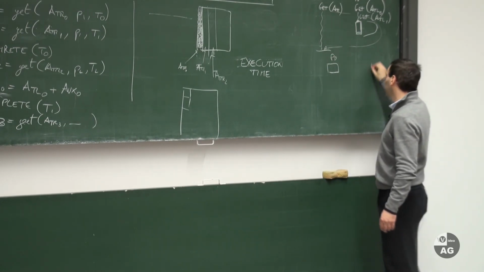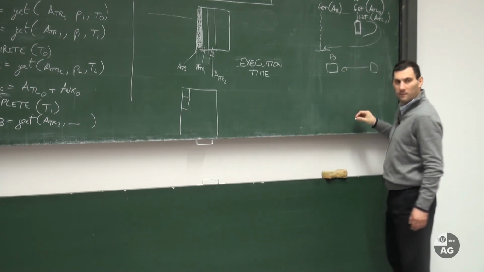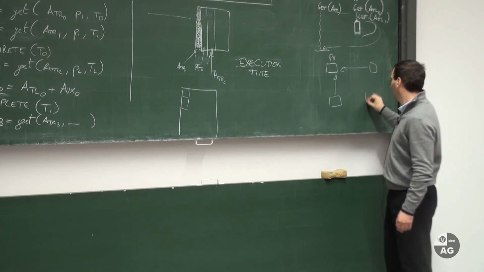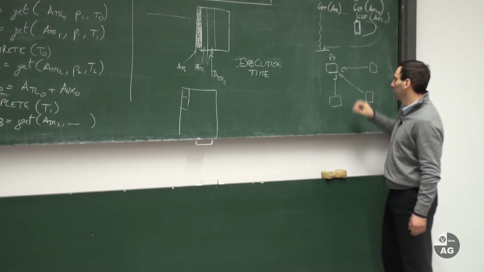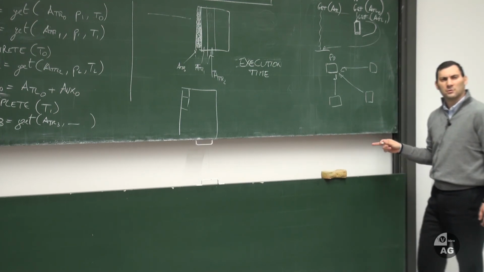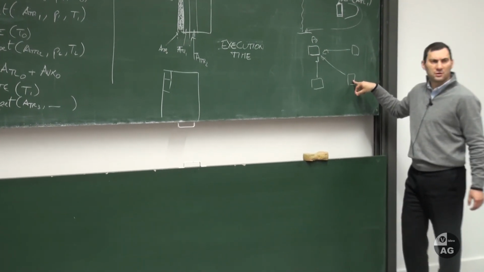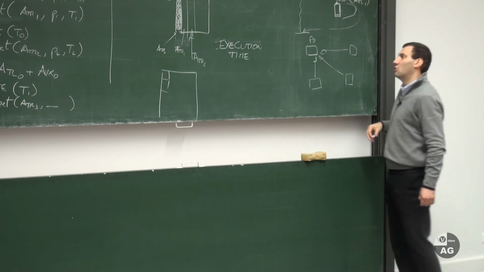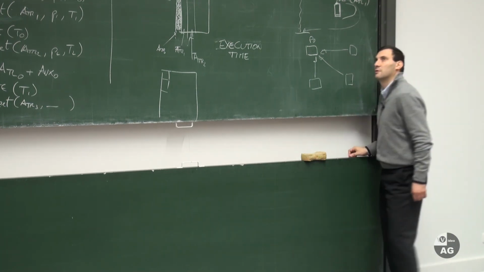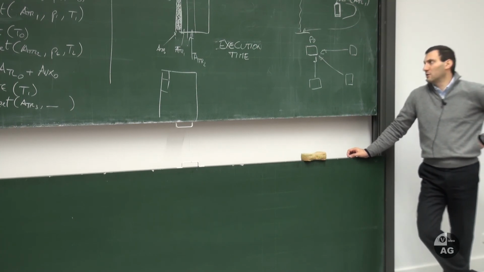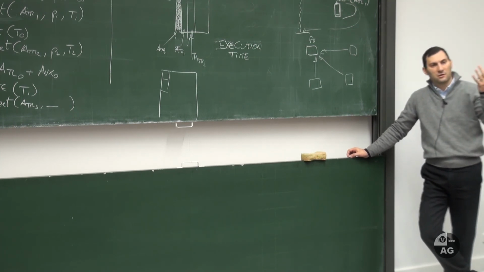No, P0 fetches from P1, P2, P3. And P1 fetches from P0, P2, P3 and so on. Why would P0 fetch from P2? You just skip the copy. Oh, I see. Why would that be faster?